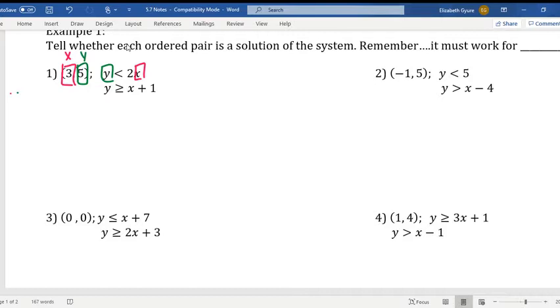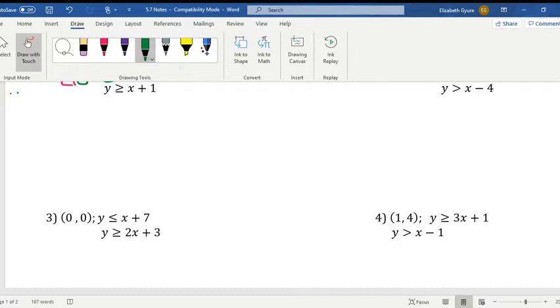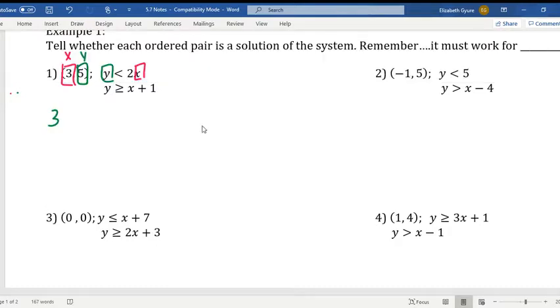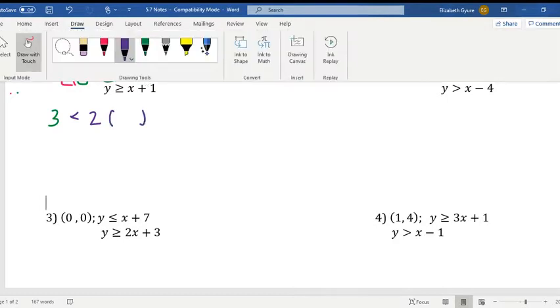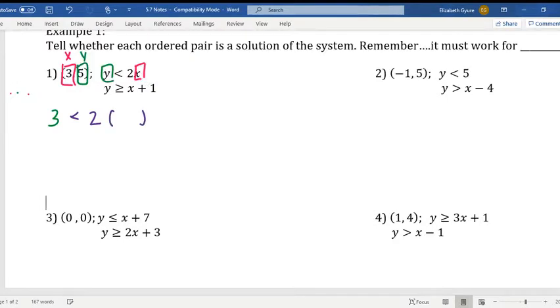So for this first equation, we're going to have 3, because that's where our y is over here, is less than 2. And then next to that 2 is an x, right? So I'm going to put my open parentheses, and in place of that x, I'm going to put the number.